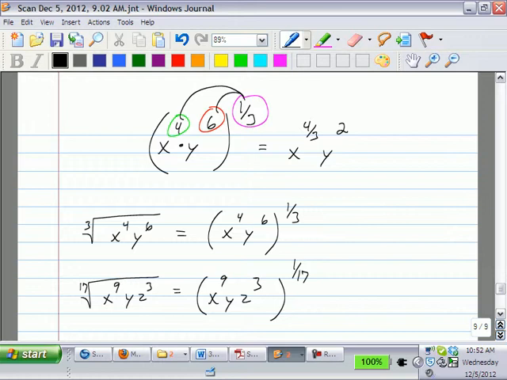You might have seen it in algebra, and maybe this is the first time you saw it, but so there you go. So just a notation thing.